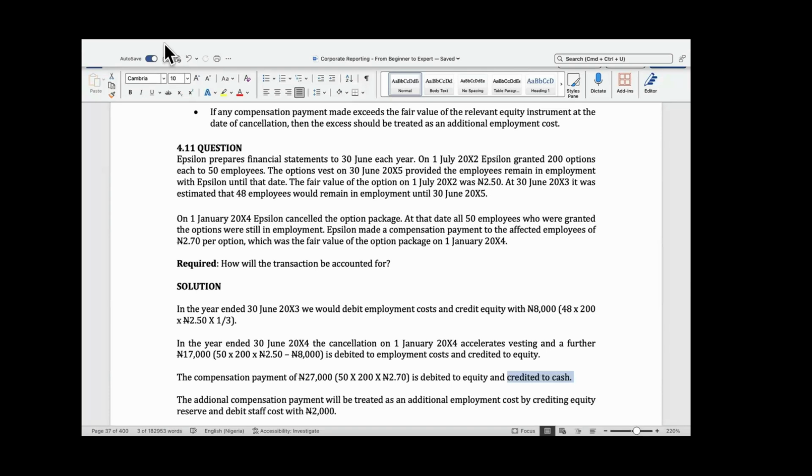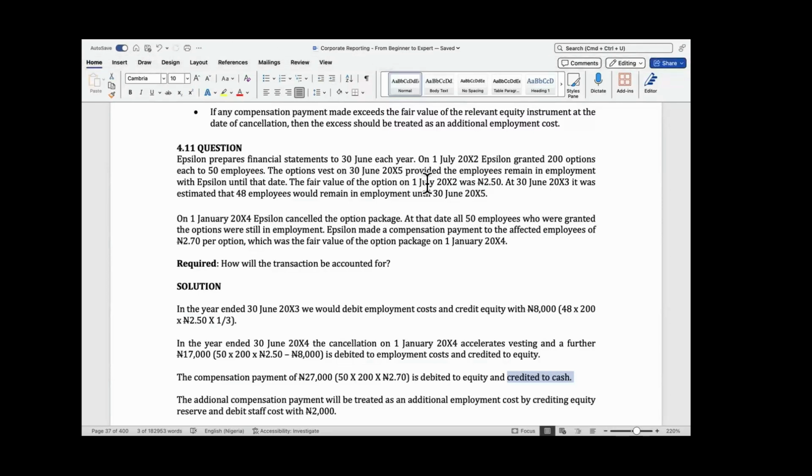That is my question. Very good question. And I'm happy that you said this one is straightforward. If this one is straightforward to you, congratulations. It will not be more than this in the exam. They cannot cancel part. It is either they cancel all or they cancel none. It cannot work, because what we had recognized in previous years, we didn't recognize in piecemeal. It's not something you can break down. We recognize a singular figure as a whole.